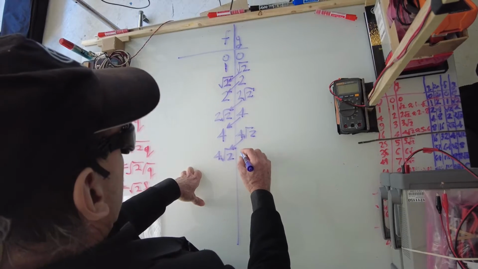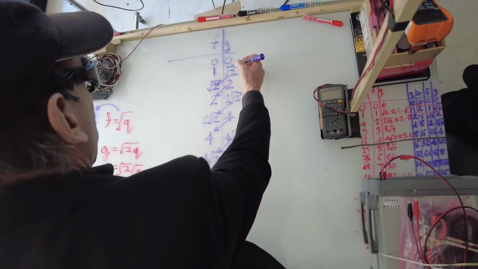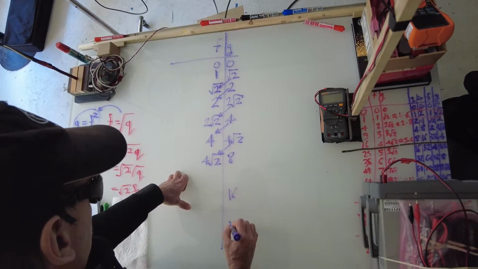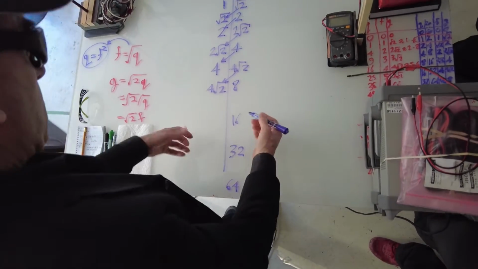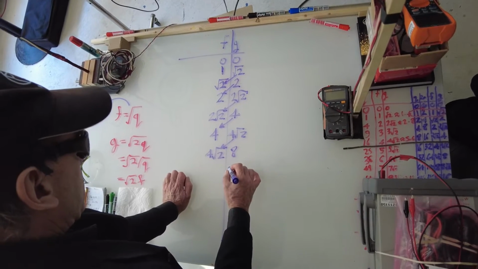you have your twice. So you can see there's a pattern here: 2, 4, 8, 16, 32, 64, and so on. You can see this pattern emerging. And of course, this is going to be 8.